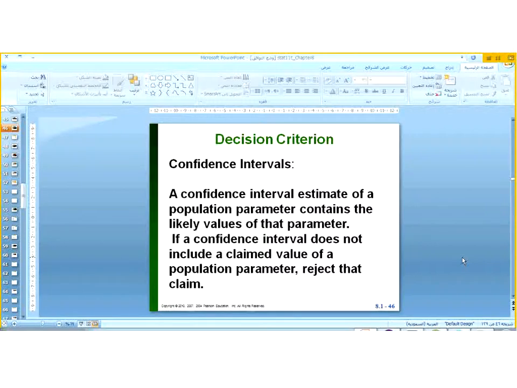The fourth method is using the confidence interval, which we covered in chapter 7.